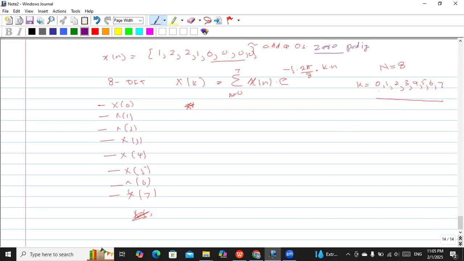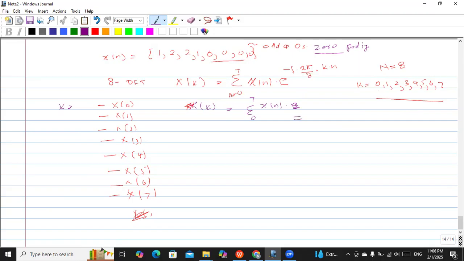Now very easily you can find X0 when k is 0. So Xk will be the summation from 0 to 7 of xn e to the power minus j2πkn/8. K is 0, so e to the power 0 will be 1.